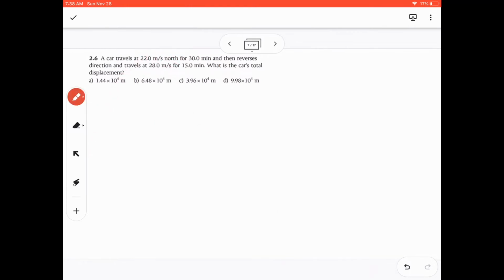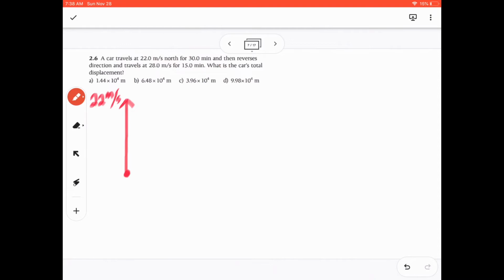Okay, it says that in the problem, the car starts going north first at 22 meters per second. So that's the positive y-axis, and it's at 30 minutes. Therefore, that is multiplied by 60. 30 minutes times 60 is equal to 1,800 seconds.